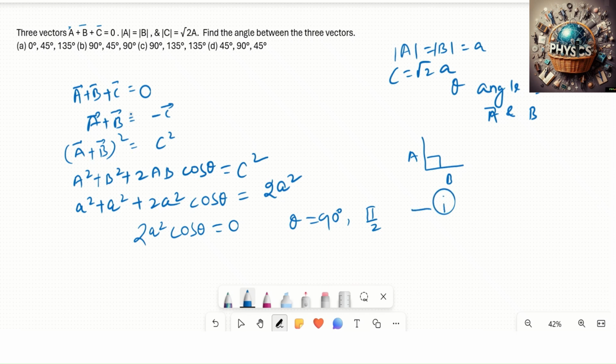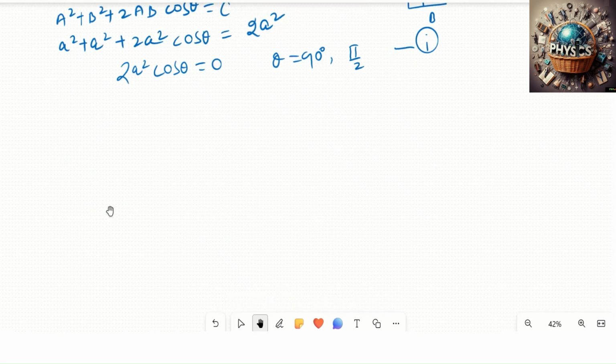Now we need to find the angle between A and C, or B and C. Coming back to the original equation, A plus B plus C is equal to 0. Let's take B on the other side, so A plus C is equal to minus B.